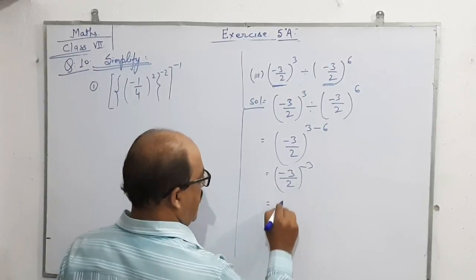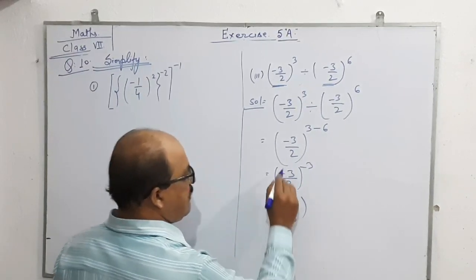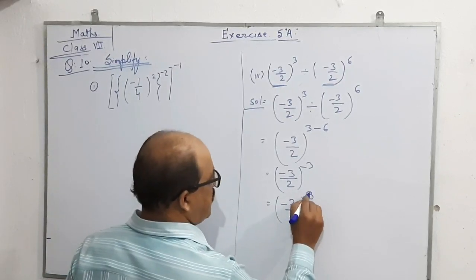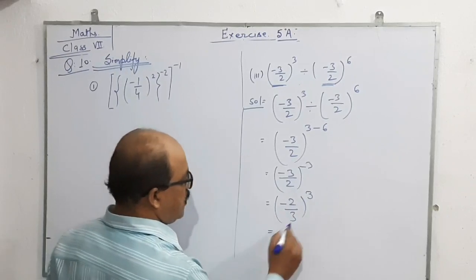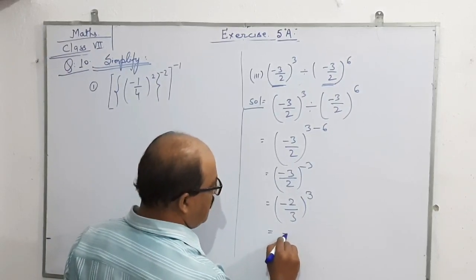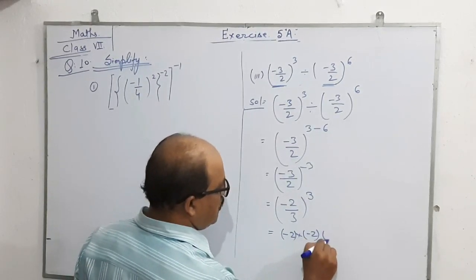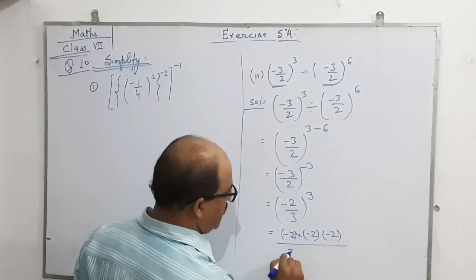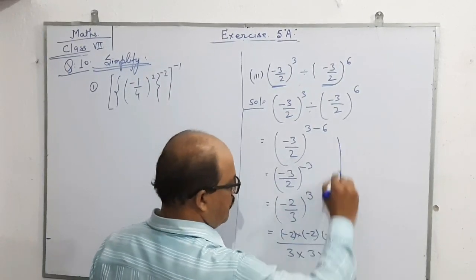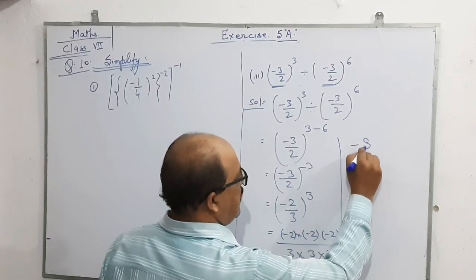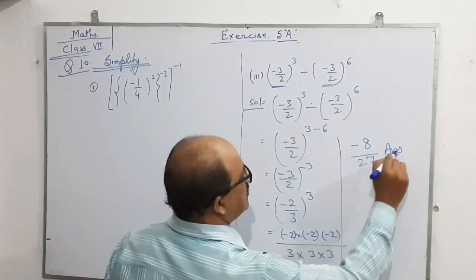And minus 2 by 3, write down the reciprocal of this given number, and the exponent will become positive. So minus 2 will be multiplied here 3 times: minus 2 into minus 2 into minus 2, and 3 also will be multiplied 3 times. The answer is minus 8 by 27, and this one is the answer of it.